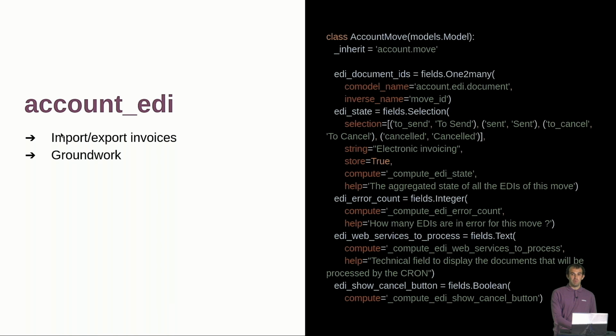We will also make sure that you can import those formats as well as do the export. And this module is like a groundwork for plenty of other localization modules.